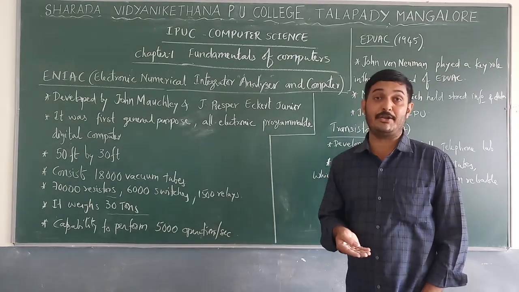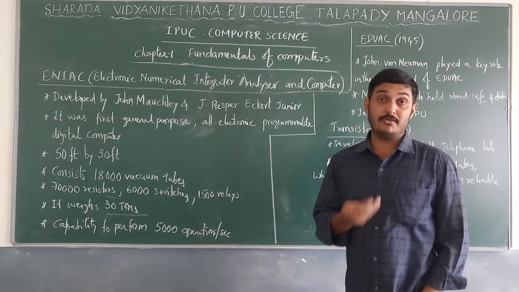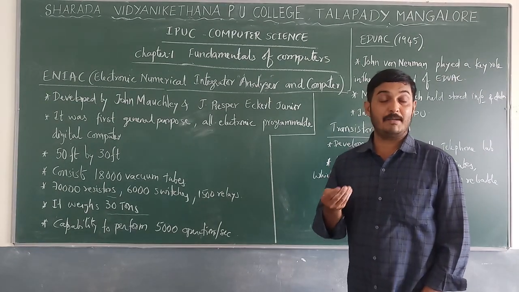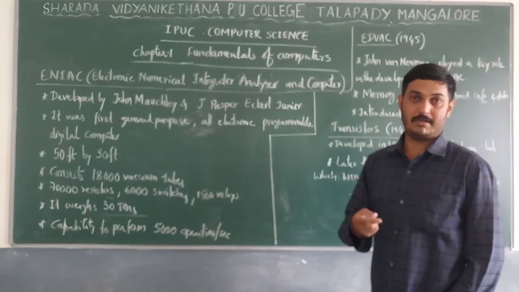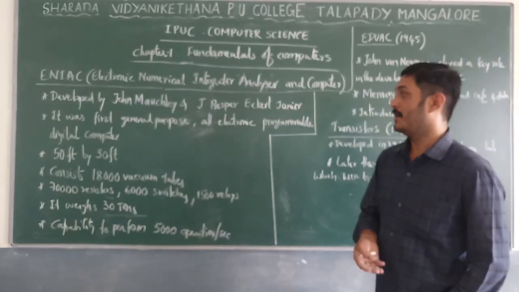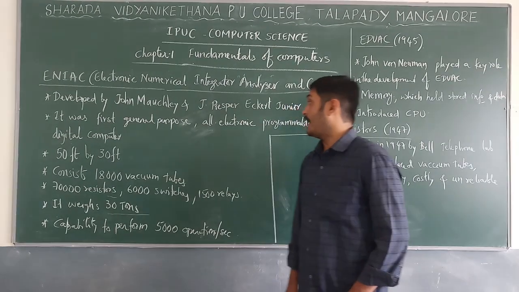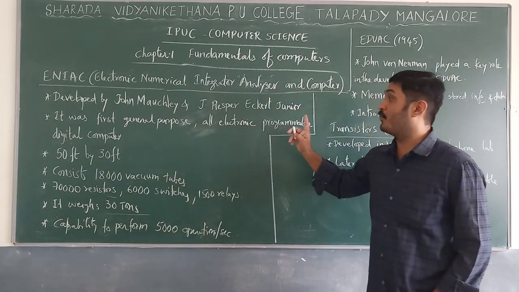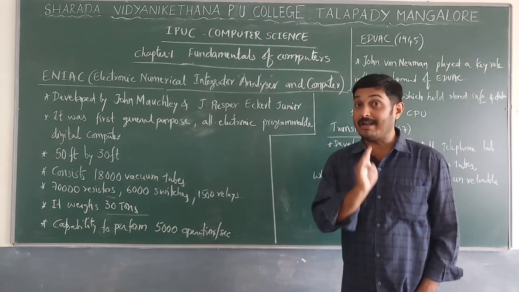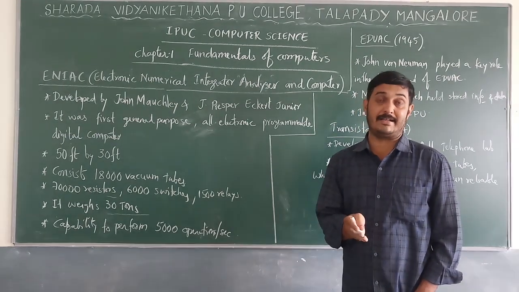That means anybody can use it for their own purpose and build something for their own operations. It was the first general purpose, all electronic programmable digital computer, all electronic without using mechanical devices.